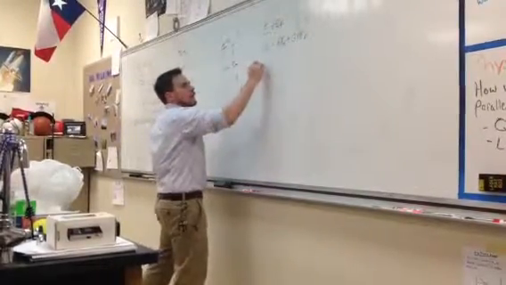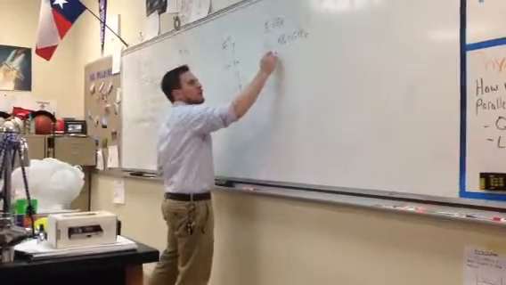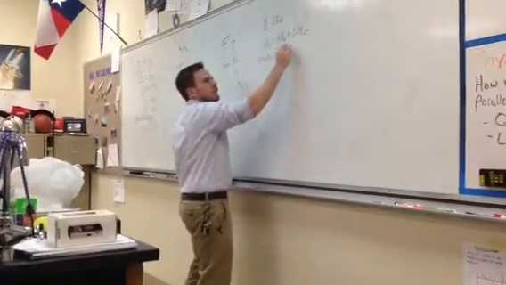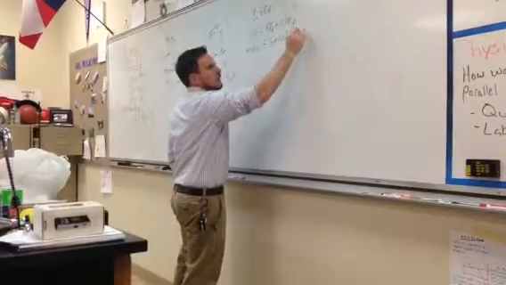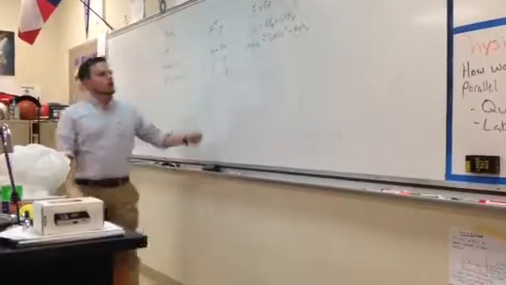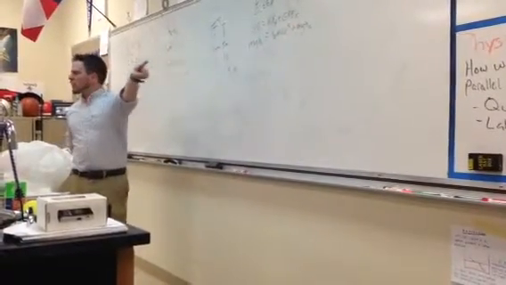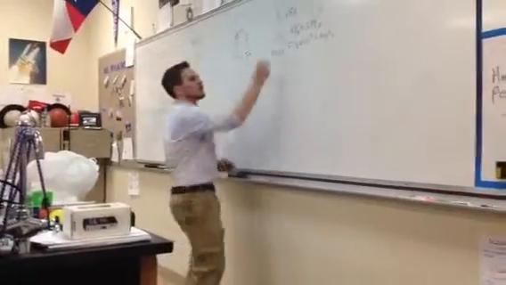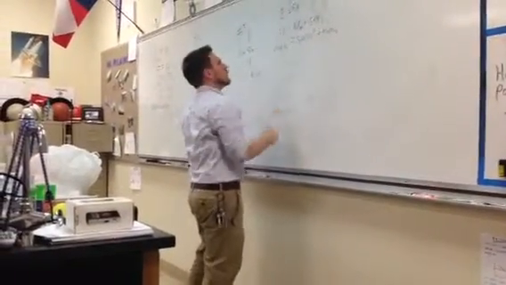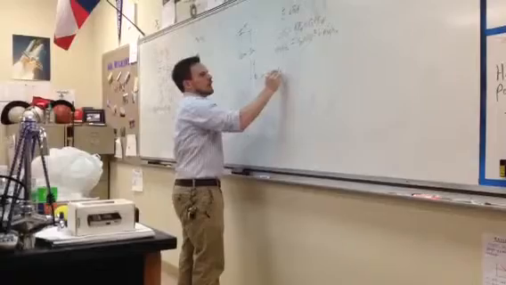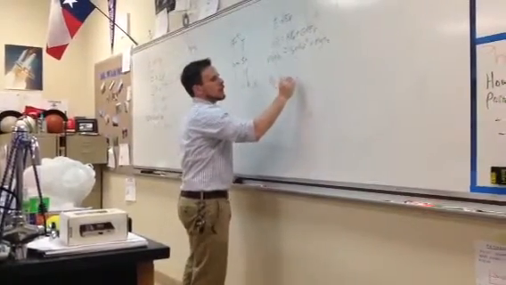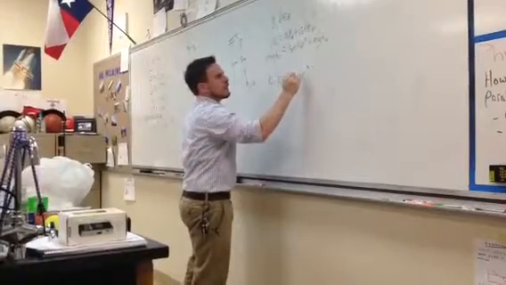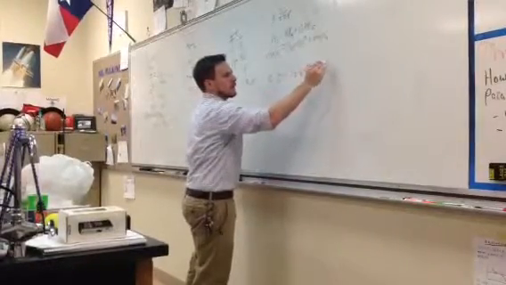So we've got mgh1 equals 1/2 mvf squared plus mgh2. What happens to the m's? Look at them. They're in every term, so I can cancel them. I'm left with 10 times 10 equals 1/2 times vf squared plus 10 times 5.